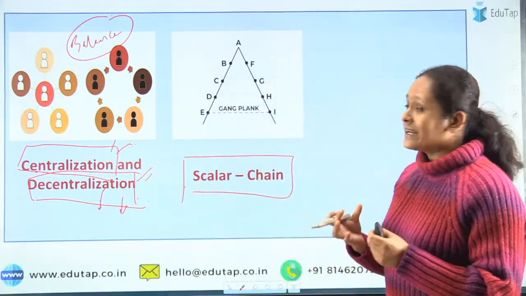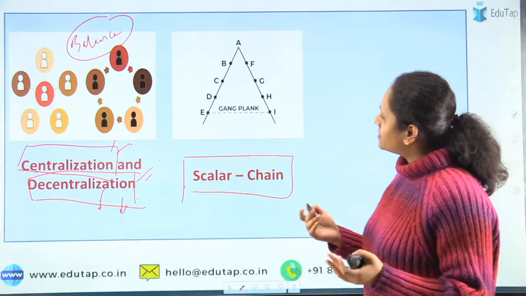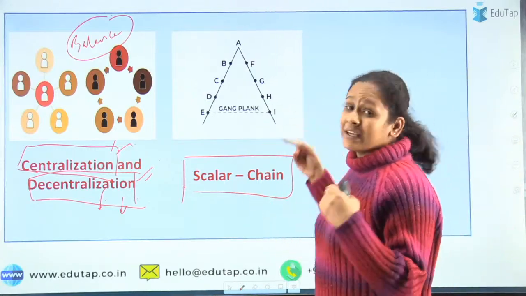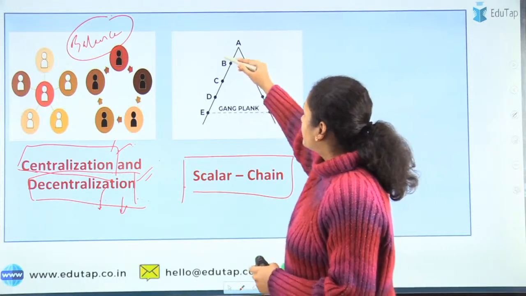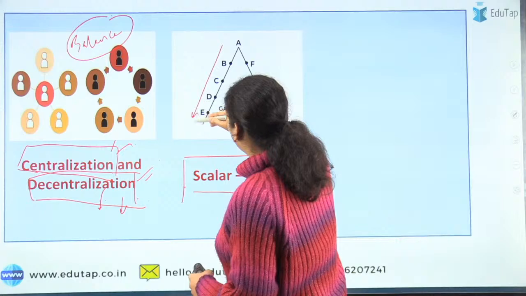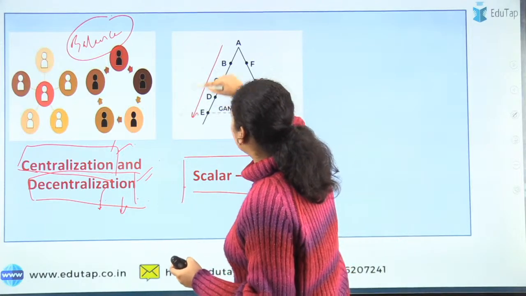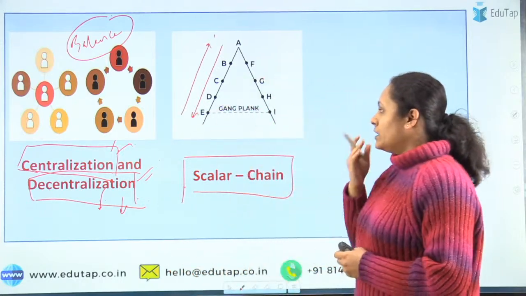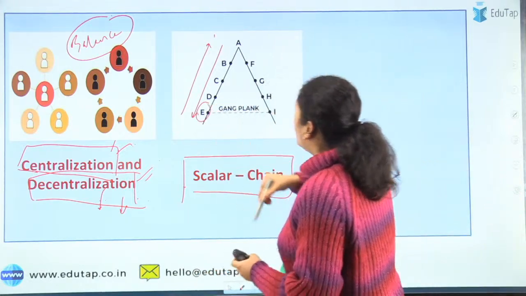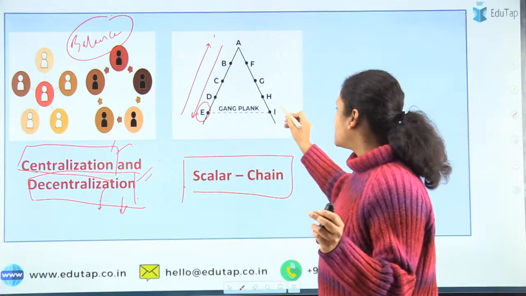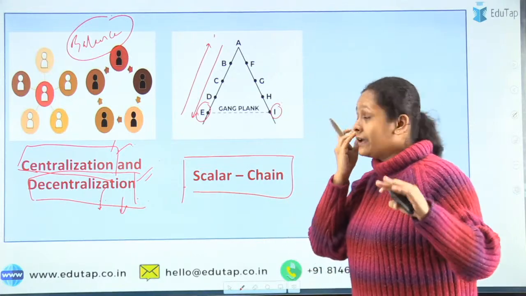Now, usually according to Henry Fayol, or in general, how does the communication process take place in an organization? Either the information is flowing from the top down hierarchy, or the information is flowing this way. Now, what would happen if this employee wants to communicate with a person I, which is of his own hierarchy?